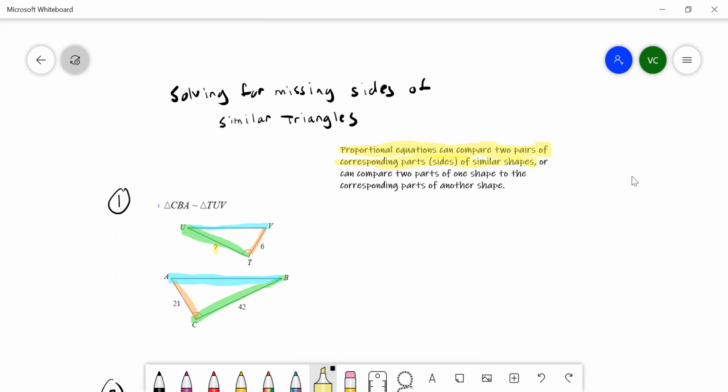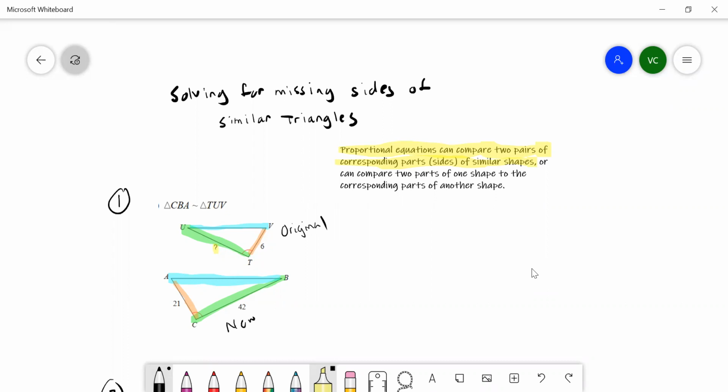The way that I'm going to do this is I'm going to look at this one as our original and the second one as our new. Or maybe, well, it doesn't matter.